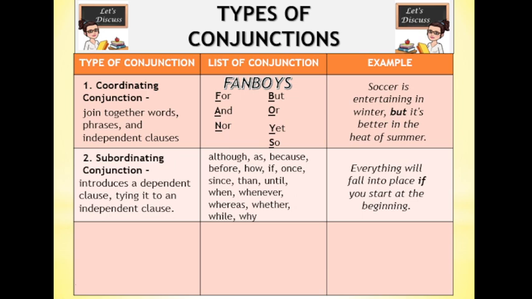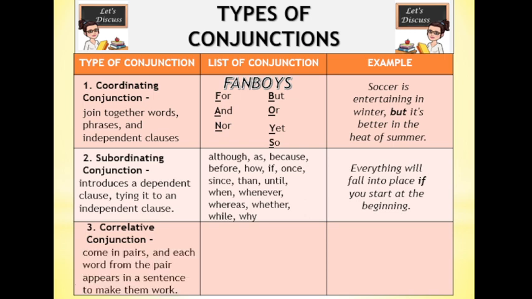The last type of conjunction that we're going to discuss is the correlative conjunction. Correlative conjunctions come in pairs, and each word from the pair appears in a sentence to make them work. So examples: both and, whether or, either or, neither nor, not but, not only but also. Let's take a look at the example.